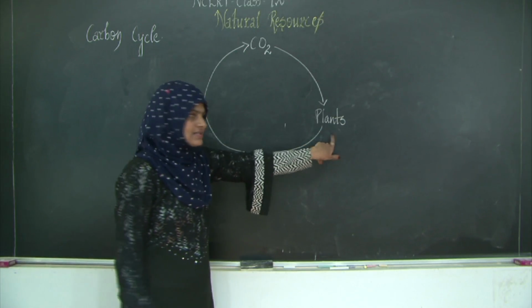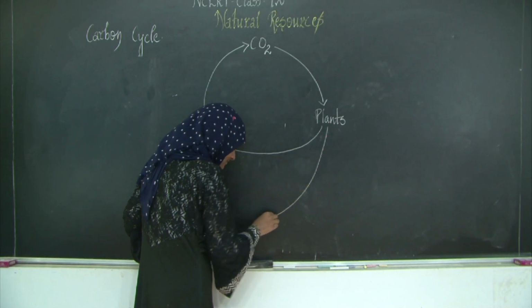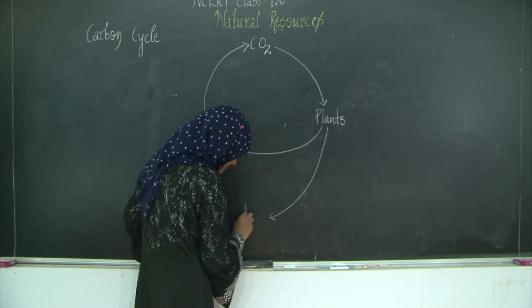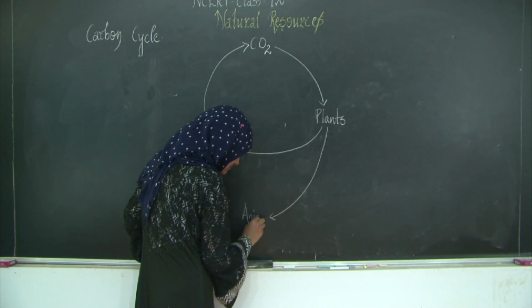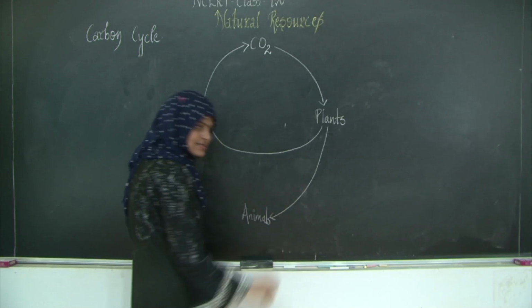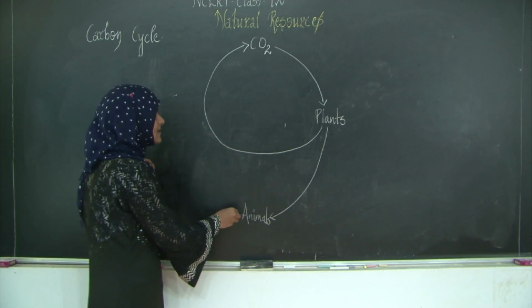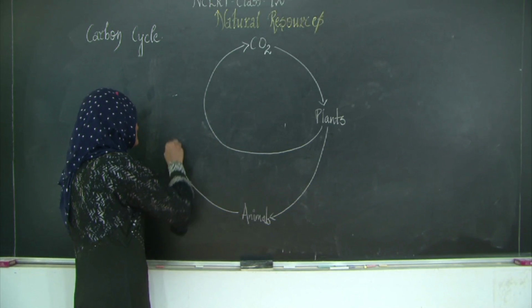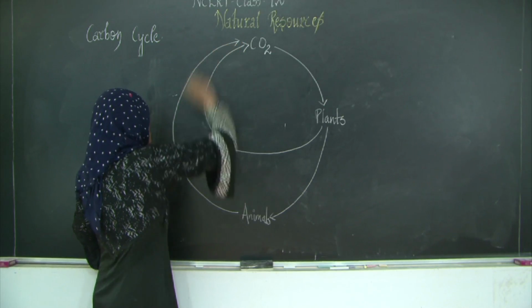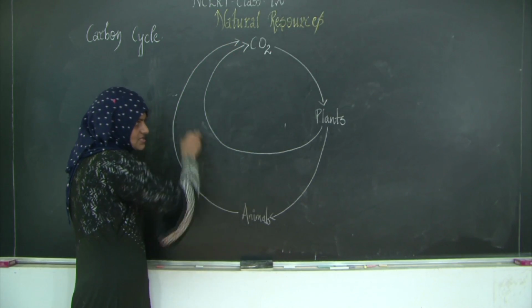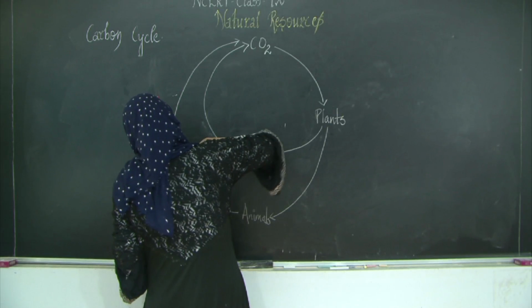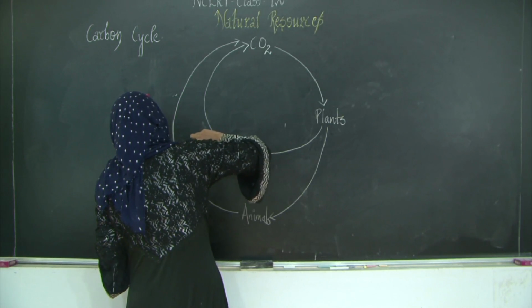Now these plants are being eaten up by the animals. So from the plant it comes into the animals, right? And the animals also give out this carbon dioxide during respiration. So if I want to write down what is the process by which they are giving it back again, I can write down respiration over here.